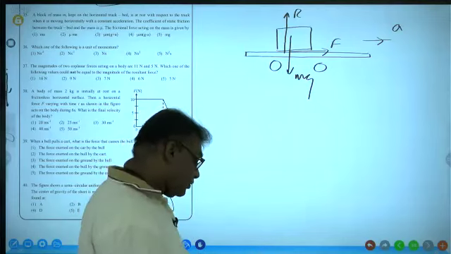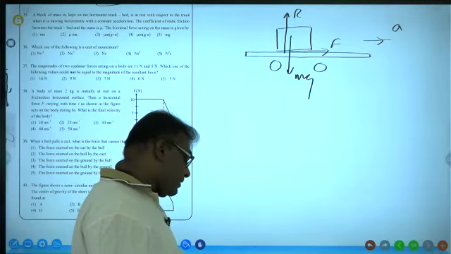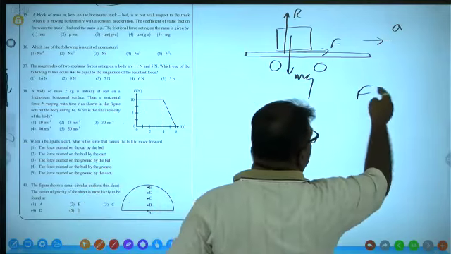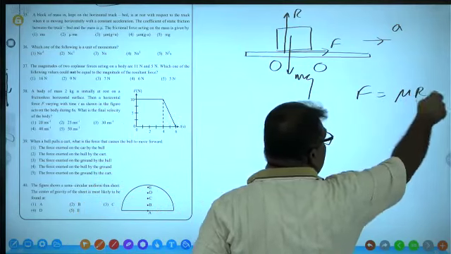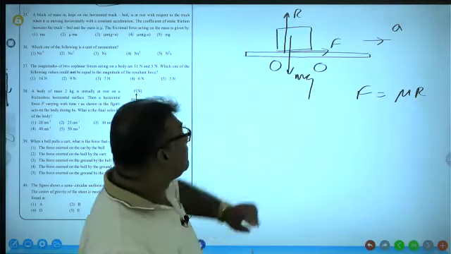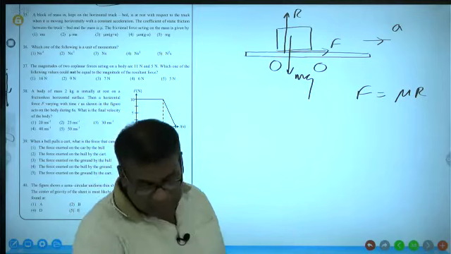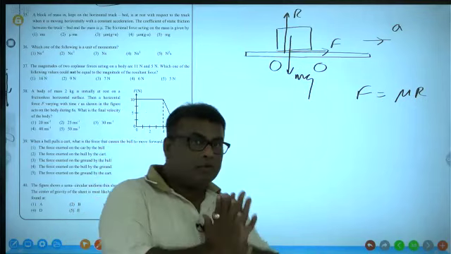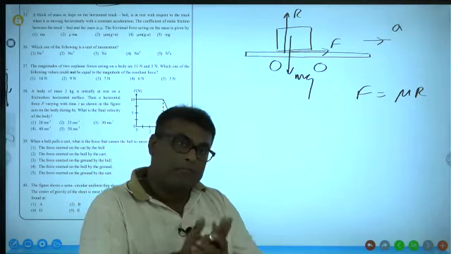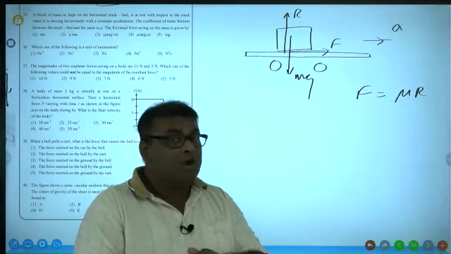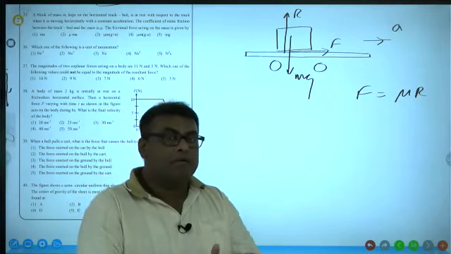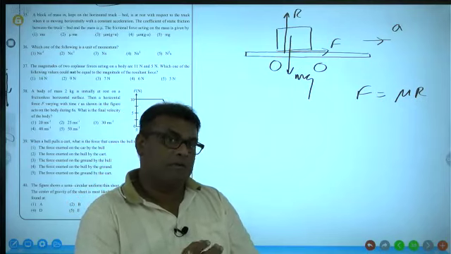The frictional force acting on the mass is given by F equals mu R only if the object is almost sliding. The question does not say so. In the question, it is not properly mentioned whether the object has attained limiting equilibrium.